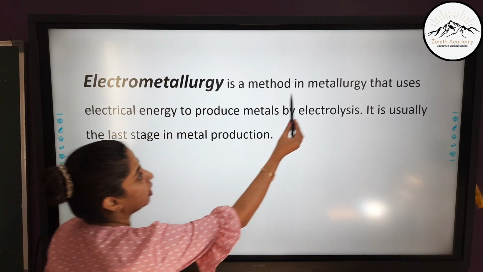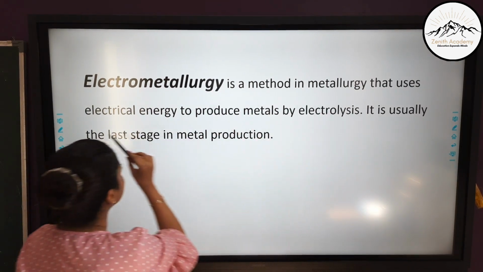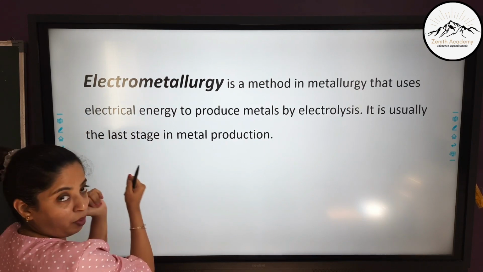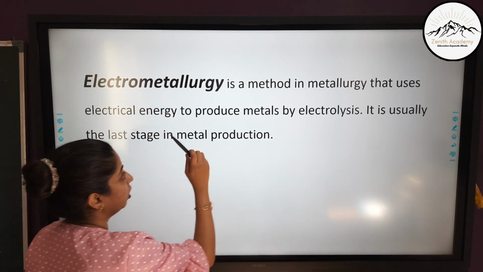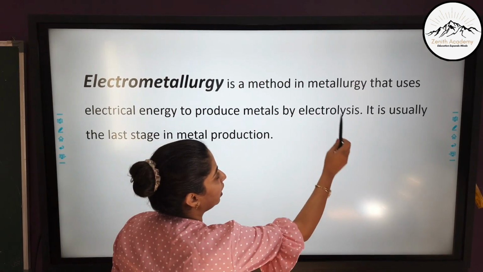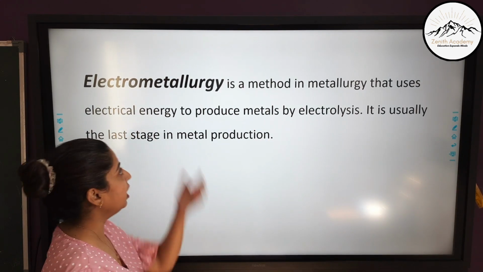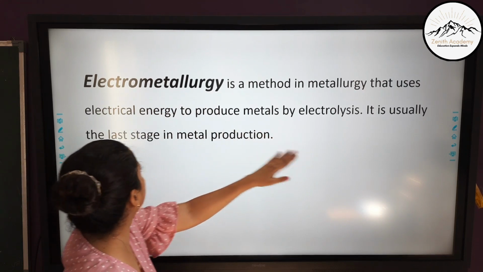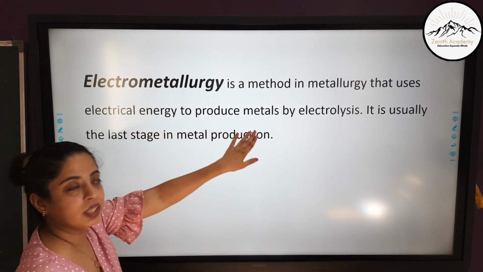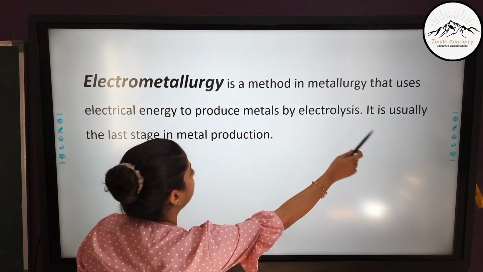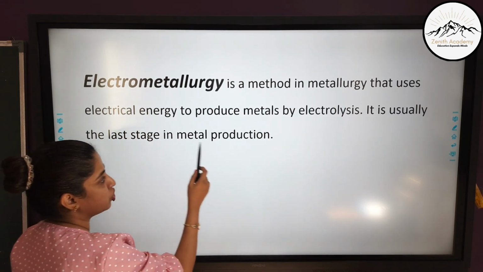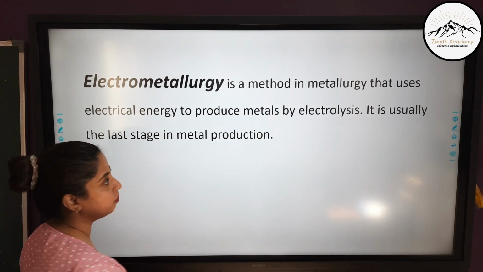It is a method in metallurgy that uses electrical energy. The electro part is using electrical energy to produce metals by electrolysis. So metallurgy is obtaining metals and electrometallurgy is using electrical energy to produce metals. It is usually the last stage in metal production.